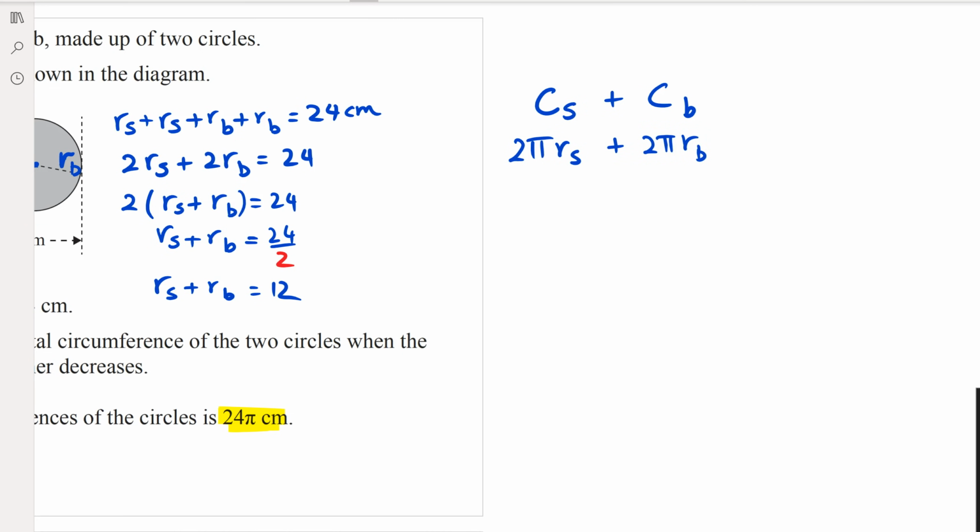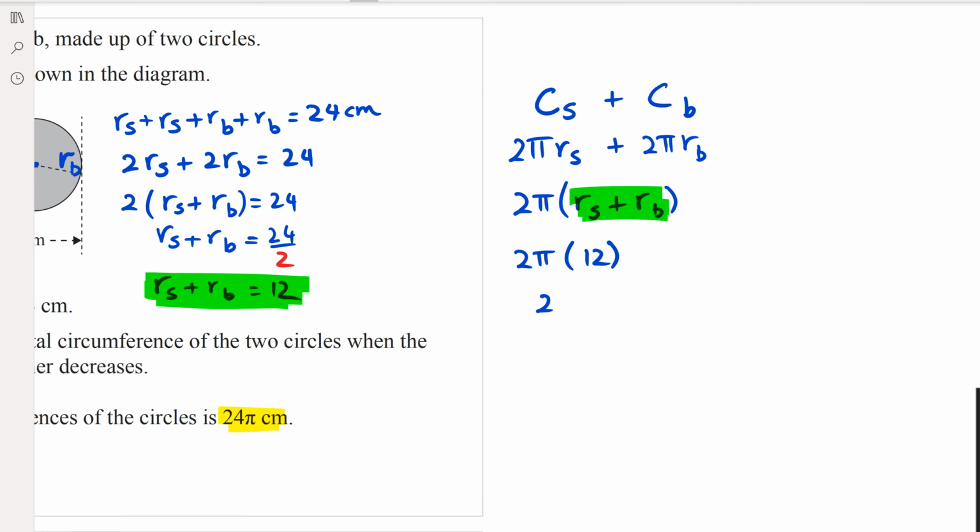And because 2 pi is a common factor, I can take out 2 pi, which means it ends up being rs plus rb. And of course, we just proved that rs plus rb is equal to 12, which means we can rewrite this as 2 pi multiplied by 12, which equals 24 pi. And if you notice, that's what our proof is.